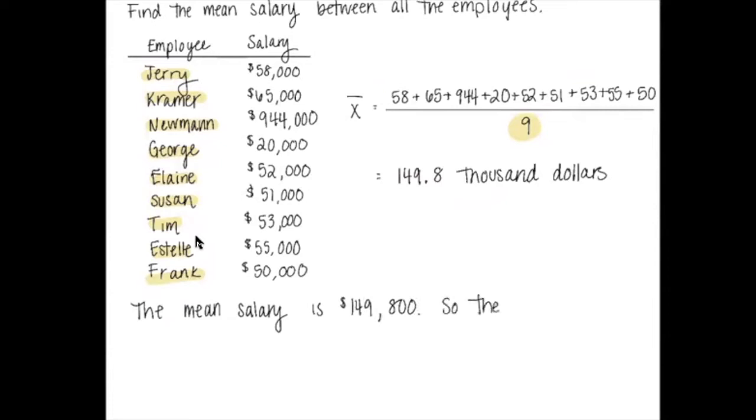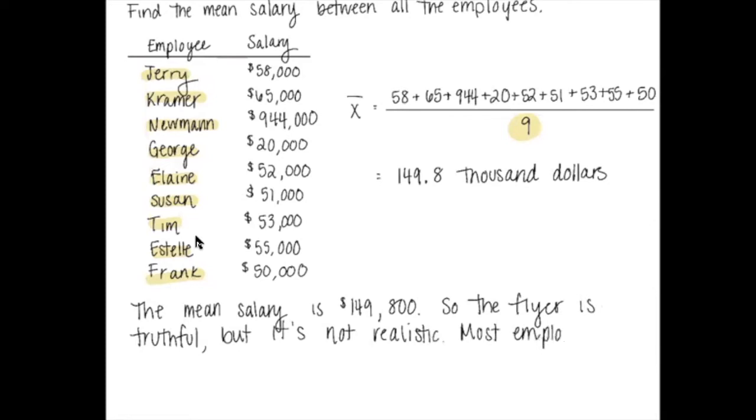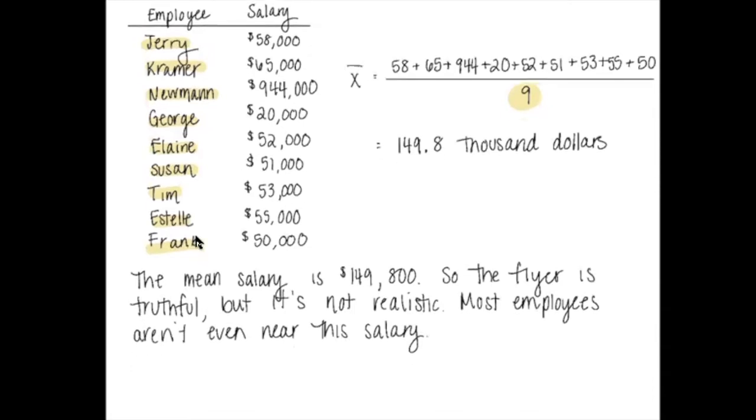So the flyer is truthful. But it's not realistic. Most employees aren't even near the salary. Okay. So it's quite deceiving. They didn't lie, but it's not really representative of their company.